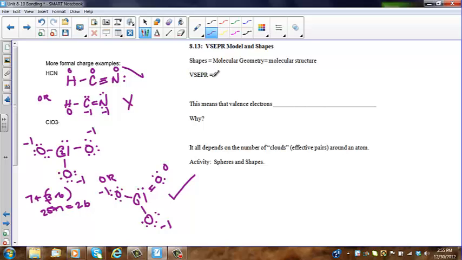Well, it's determined through VSEPR, which is valence shell electron pair repulsion theory. It's a mouthful. Valence shell, I'm just going to abbreviate, electron pair repulsion theory or model.